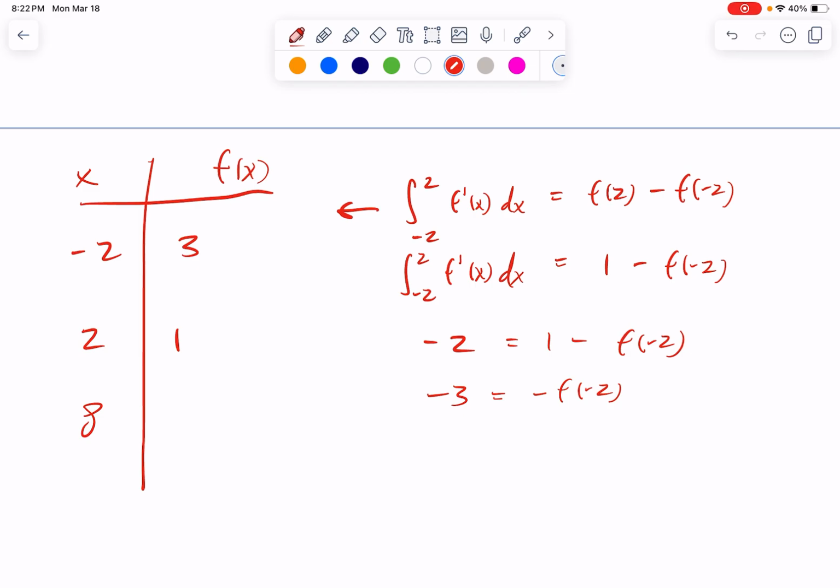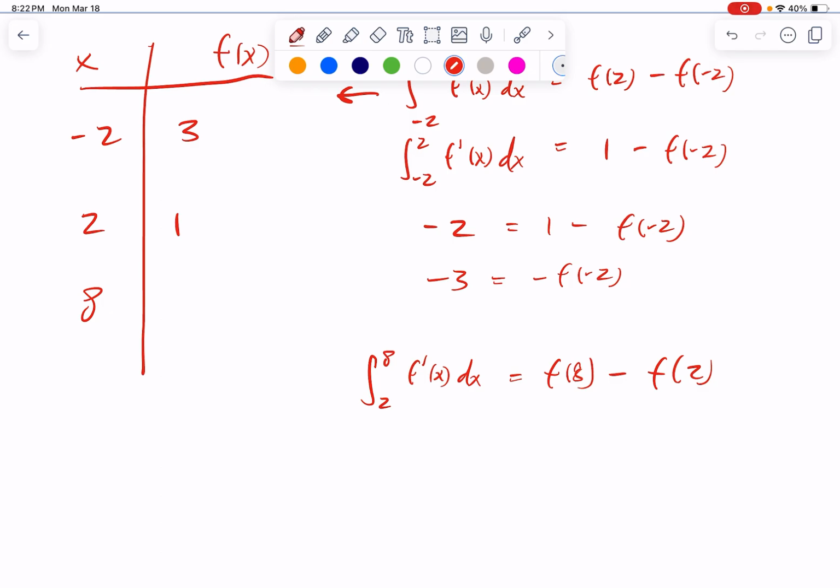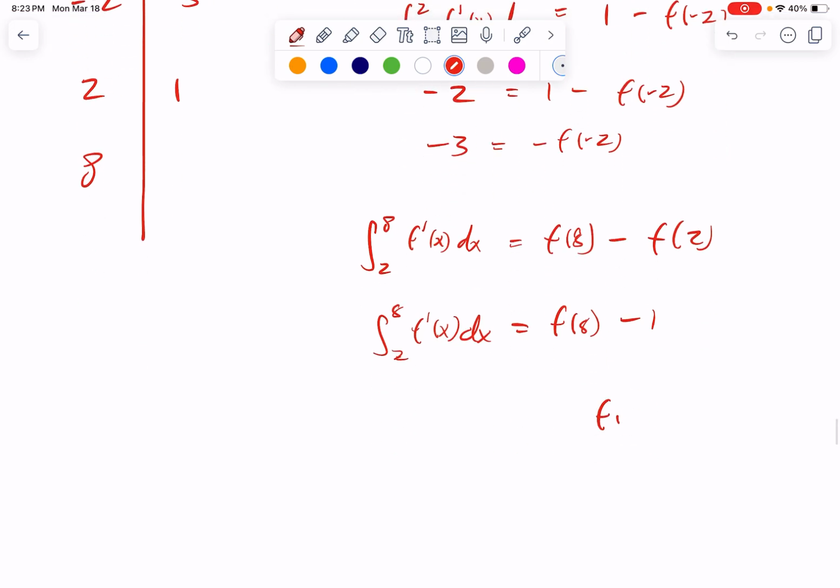To find f of 8, we can do the same thing. The definite integral from 2 to 8 is f of 8 minus f of 2. f of 2 is 1. So f of 8 is equal to 1 plus this definite integral.